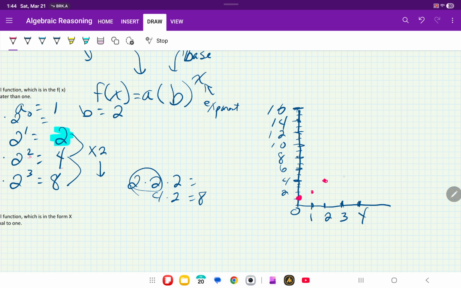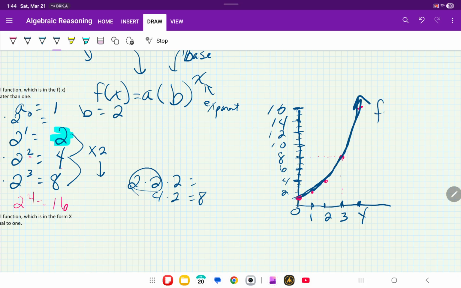And then if I put in 4, we got out 16. So 4 and all the way up here to 16. And then I'm going to just connect those points together. Now we can see that we have exponential growth.